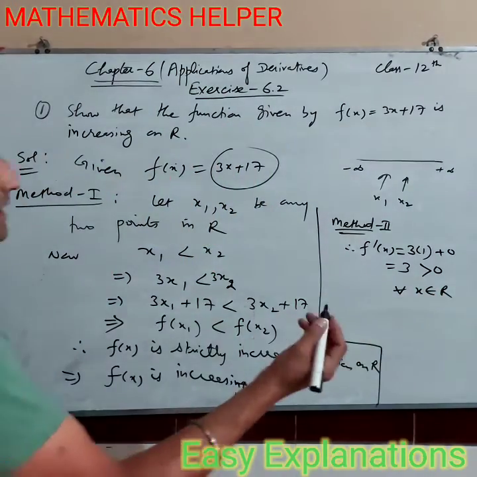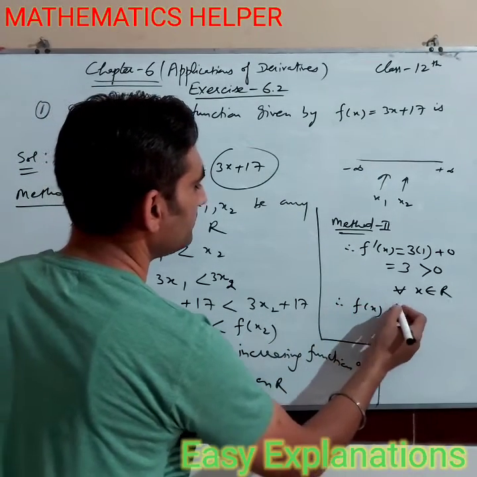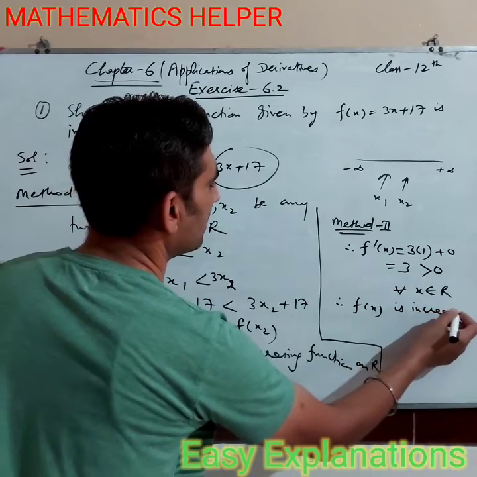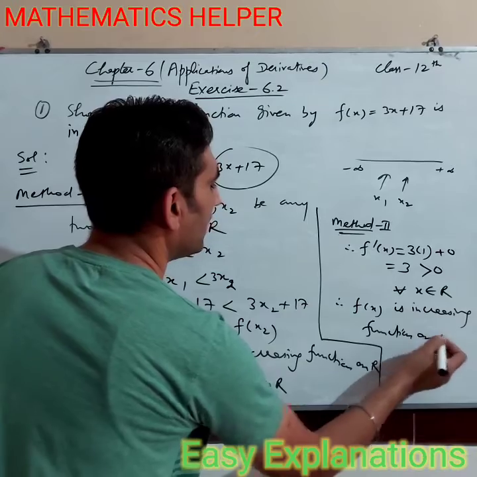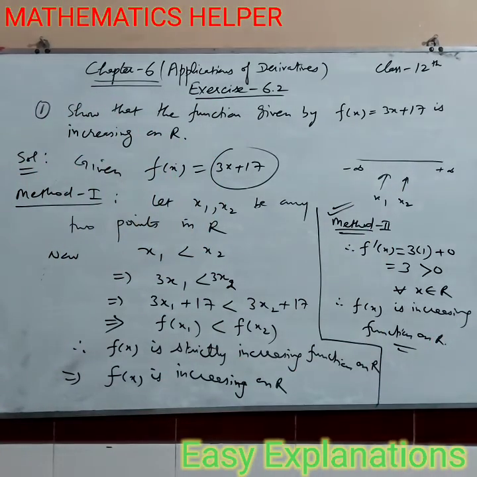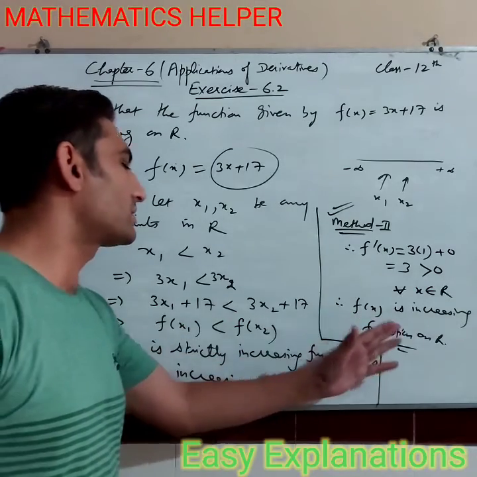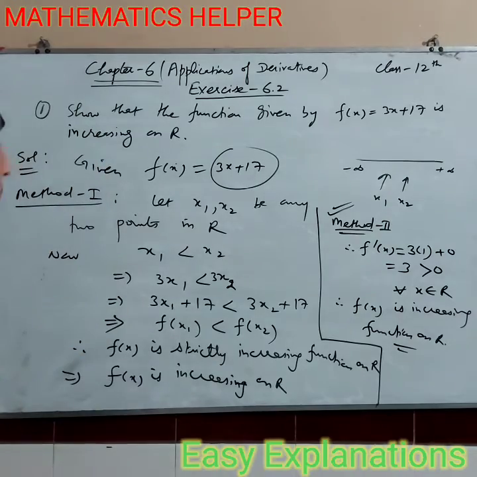So if it is greater than 0, according to this, therefore f(x) is an increasing function on R. I think this method is more suitable to use. A simple work which you can easily mark and give your answers in a direct way. So this was question number 1.